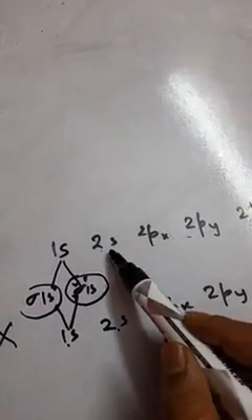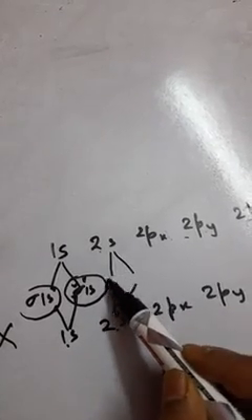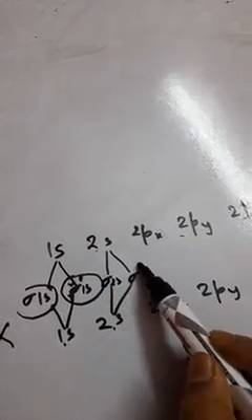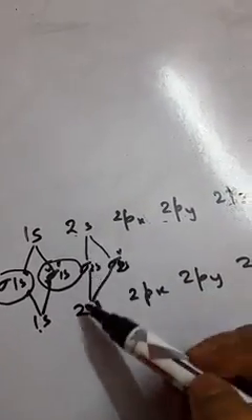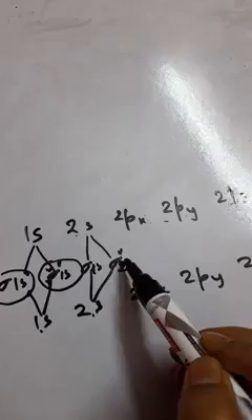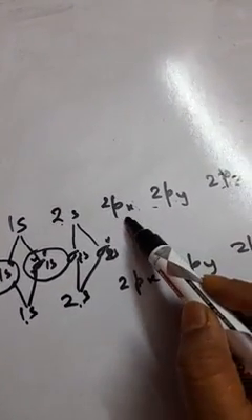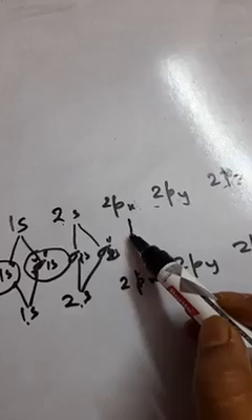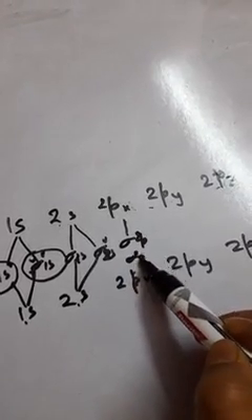In the same way, 2s also will combine in two ways. One will form sigma 2s, another sigma star 2s. Okay, 2s orbital combining in two ways. One is forming bonding, another is forming antibonding. The p orbital, when it overlaps head-on, will form sigma 2p and sigma star 2p.